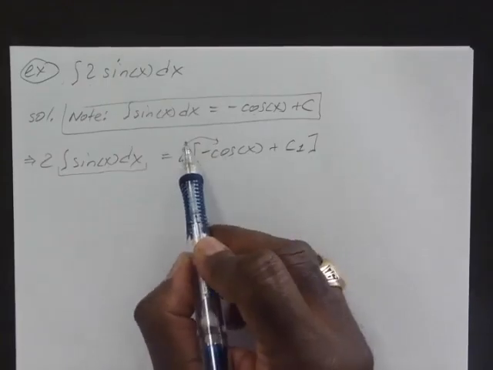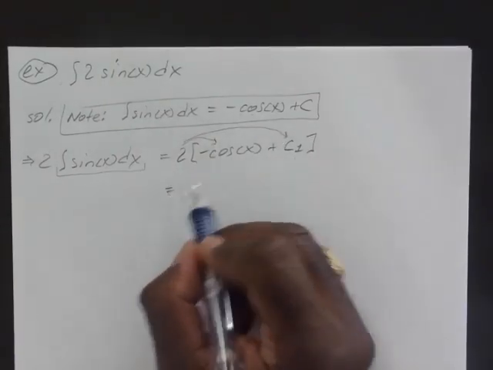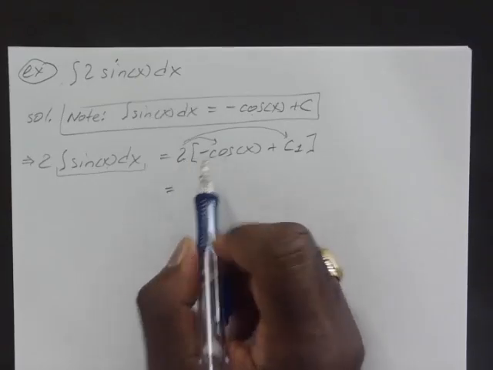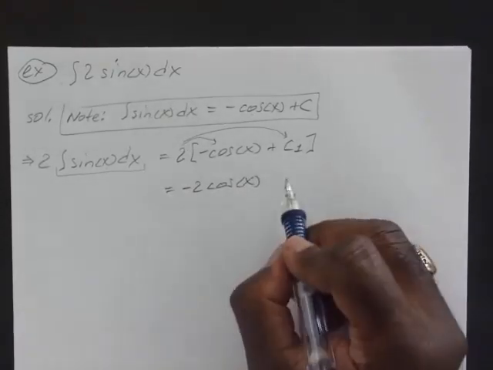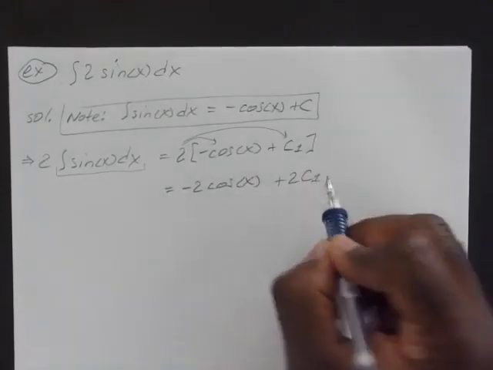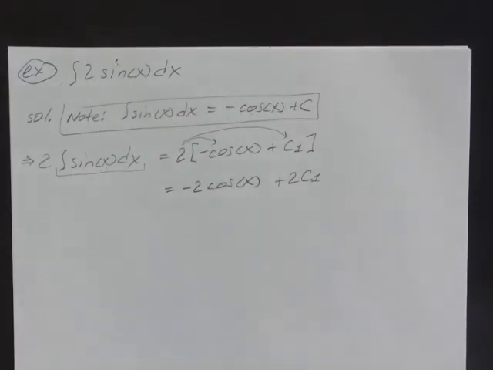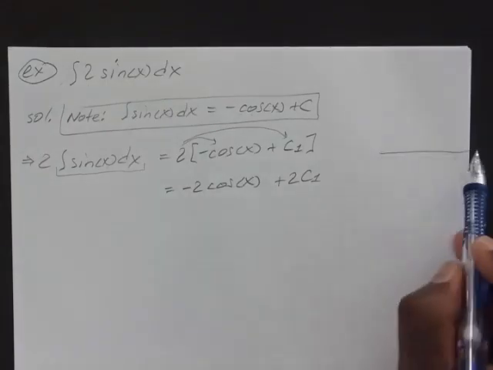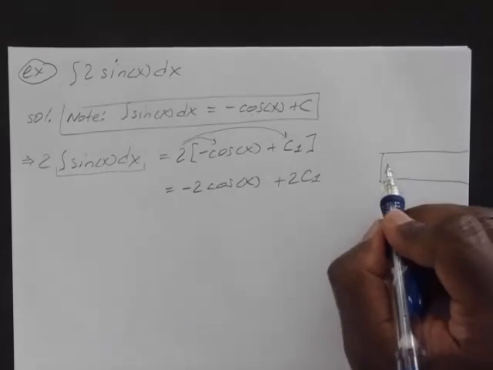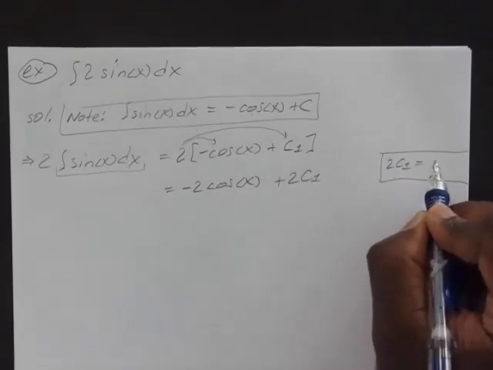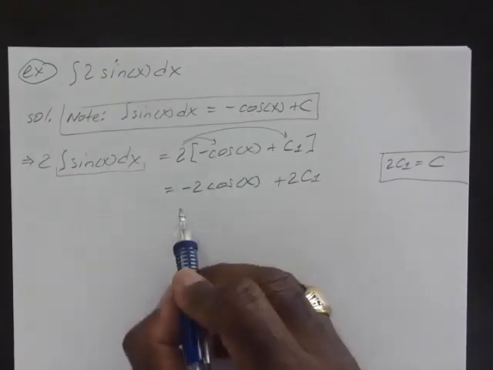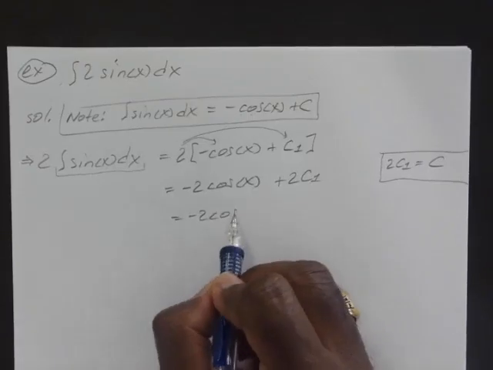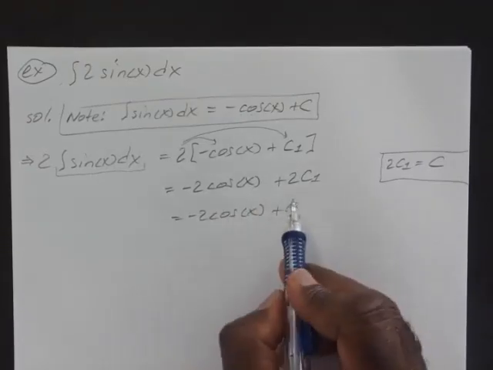So if we distribute this 2, then 2 times negative cosine of x is just negative 2 times cosine of x, plus 2 times our constant c number 1. Okay. Well, 2 times a constant is still a constant, so we'll call that c. So that gives us negative 2 times cosine of x plus c.